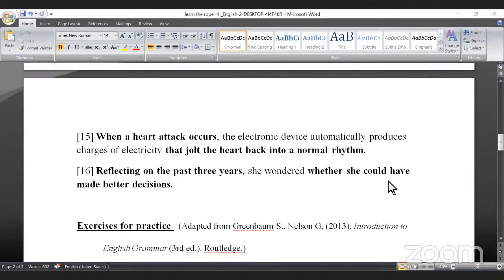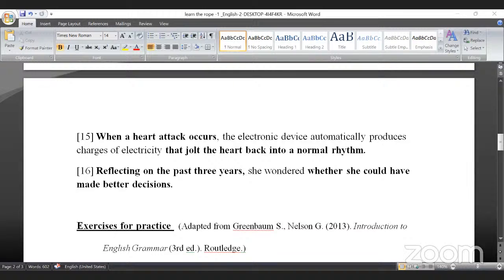Now, that jolt the heart back into a normal rhythm. What kind of clause would that be, Kalyani? That is an adverbial clause. Last one. Why is it an adverbial clause? Because it tells about the time of the first sentence, and in the second sentence... Not the second sentence.